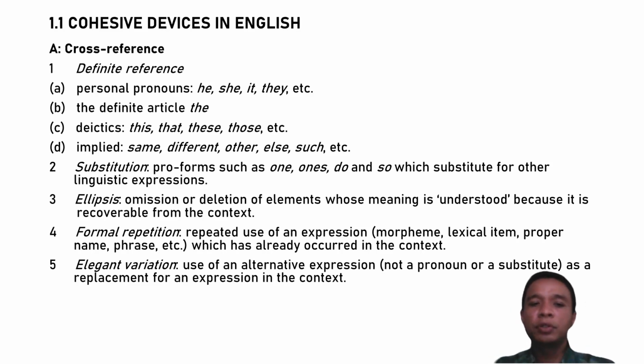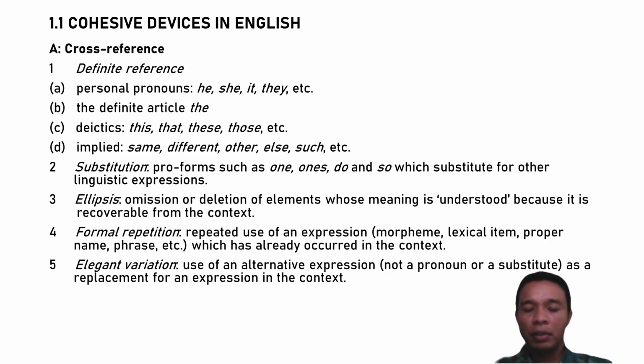2. Substitution, for example, pro-forms such as one, ones, do, and so, which substitute for other linguistic expressions. 3. Ellipsis, or omission or deletion of elements whose meaning is understood because it is recoverable from the context. 4.